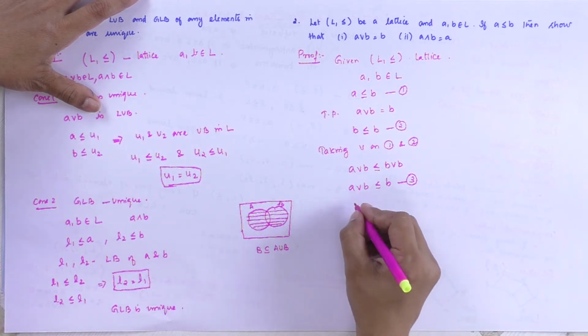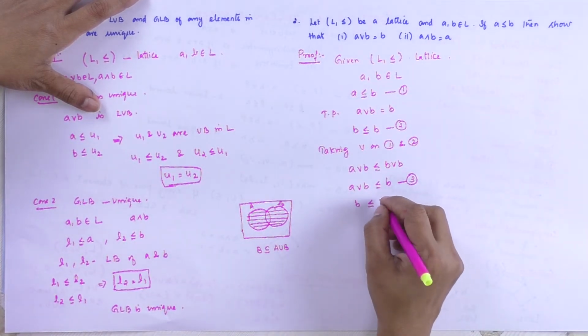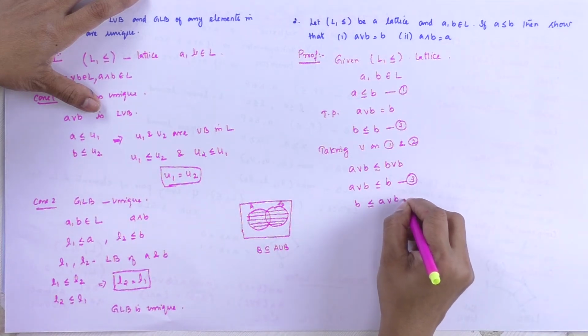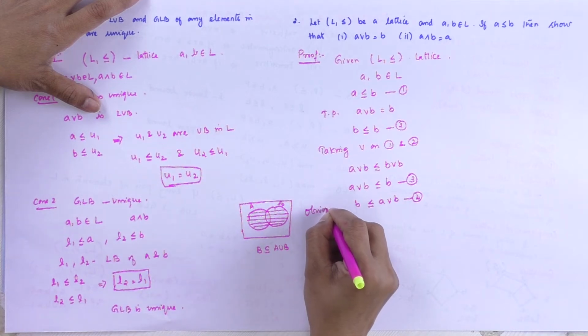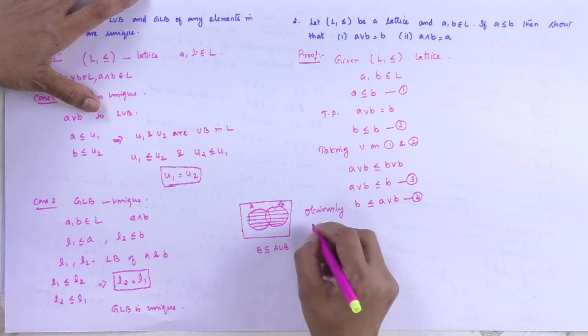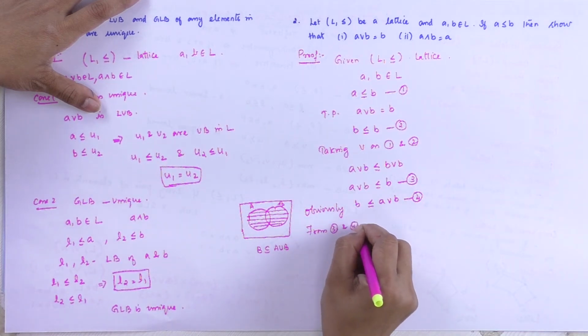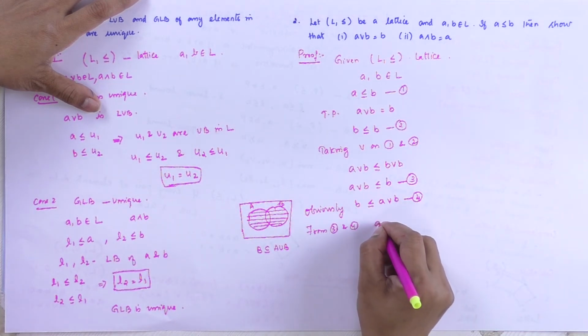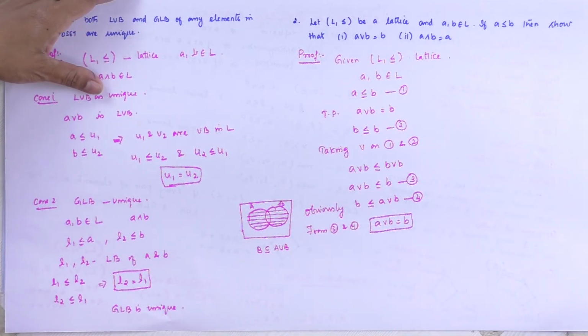Yes. Likewise, here I can say that B is less than or equal to A or B. Let it be 4. Obviously, this is true. Now from 3 and 4, we get A or B equal to B. So that is what our first case we have proved.